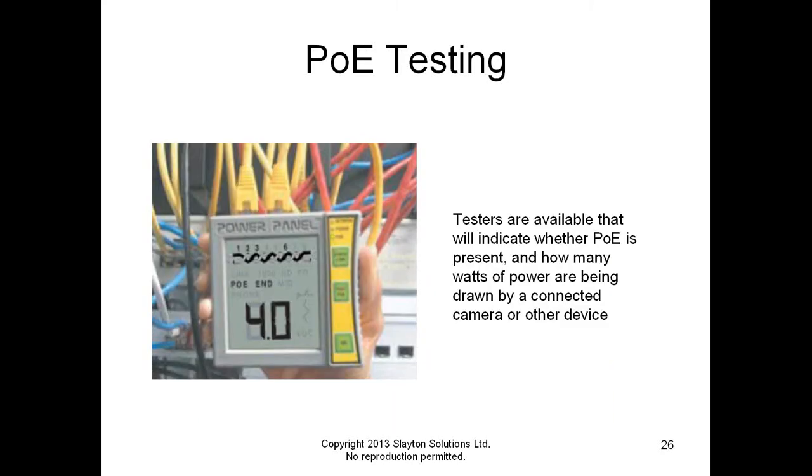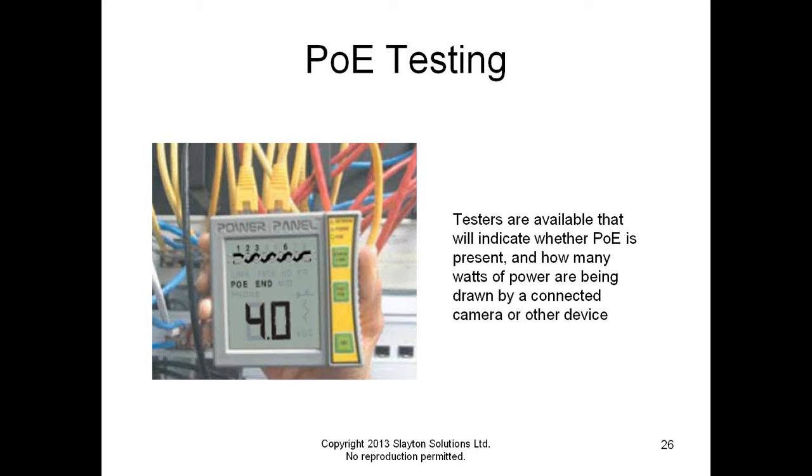Now there are devices that are made, this is another Byte Brothers product, that will test the amount of PoE power that's available and also how much PoE power is being pulled by any particular device. So here you see an example where with this power panel tester, if we hook it up in line with a PoE enabled device, it's going to tell us how much current that device is pulling in watts.